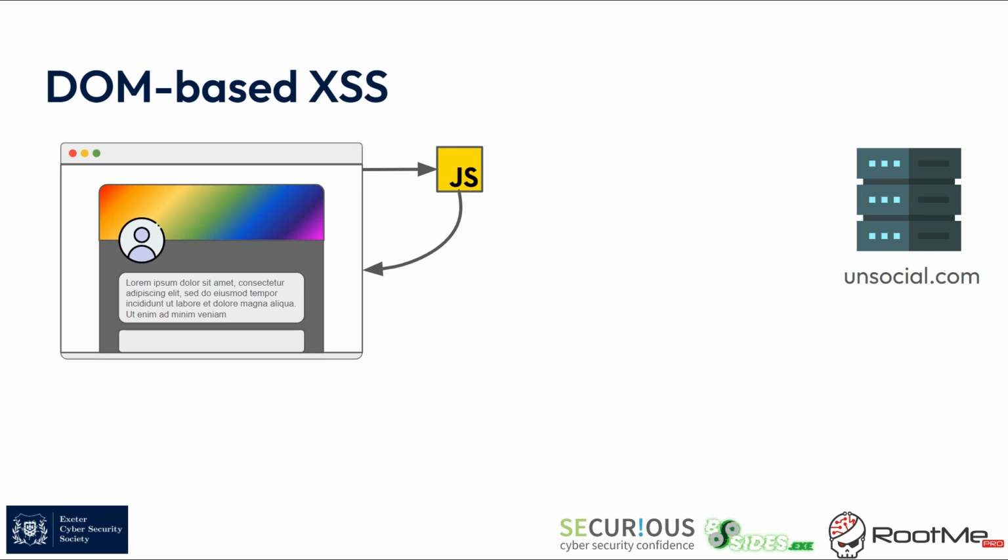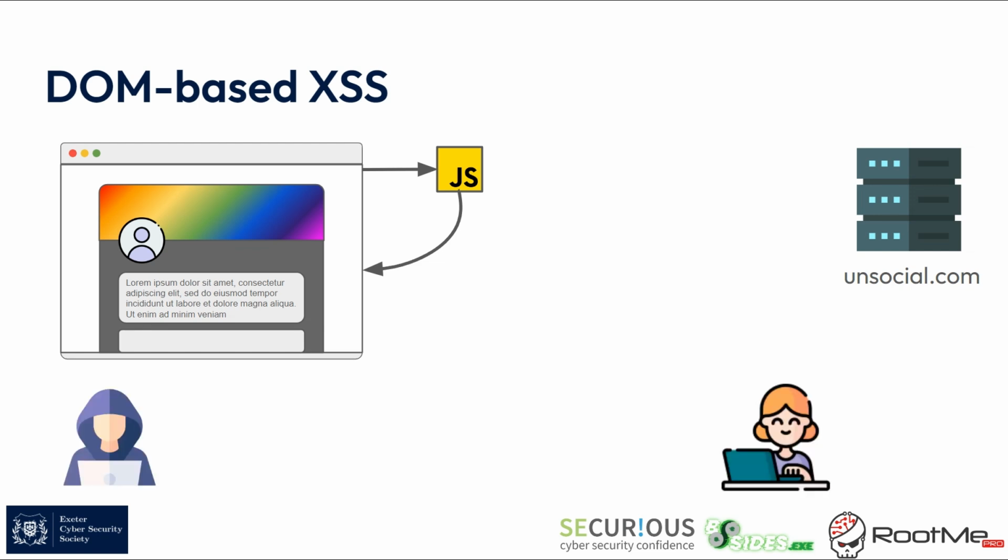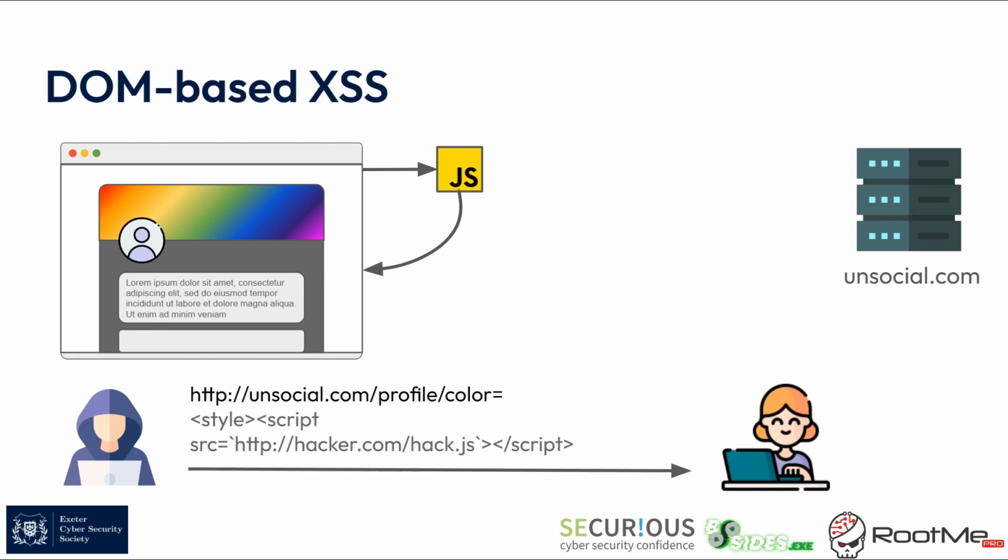Okay, so with DOM-based XSS, you can see here that when we put in the URL with the color, it interacts directly with the JavaScript, but it's not actually sending a request to the server to change the color of the banner. So an attack can happen if the attacker, for example, sends Alice this link again, and he changes the color parameter to the payload that I put earlier.